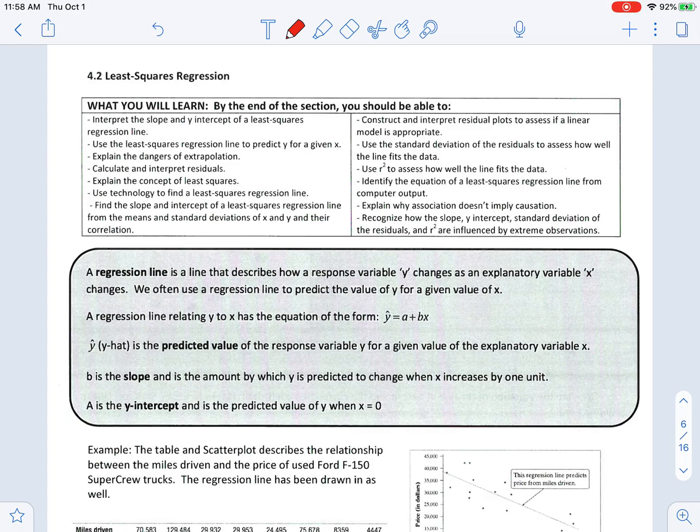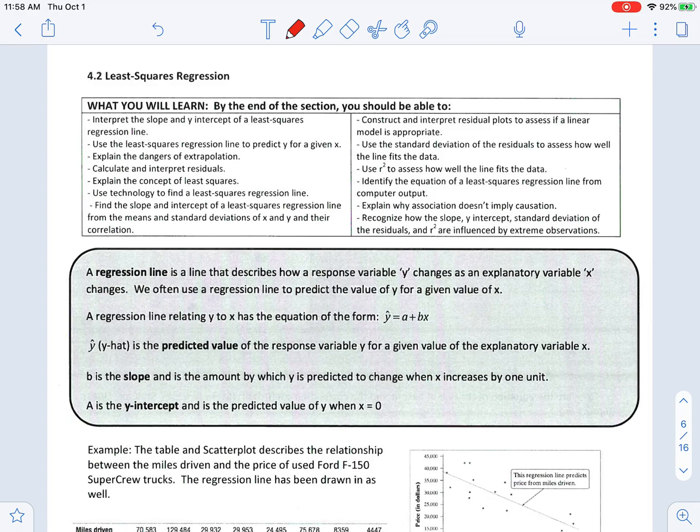So the regression line, as we talked about in 4.1, describes how a response variable changes based on how the explanatory or x variable changes. Basically, you're connecting the two quantitative variables together. It's kind of a prediction of how it's going to change based on a previous set of data, right?